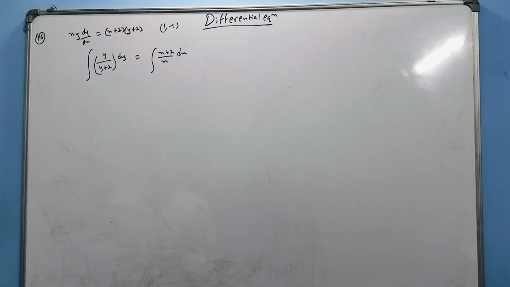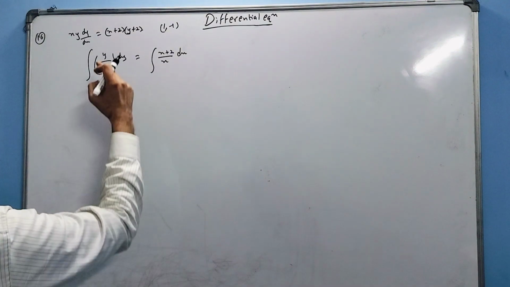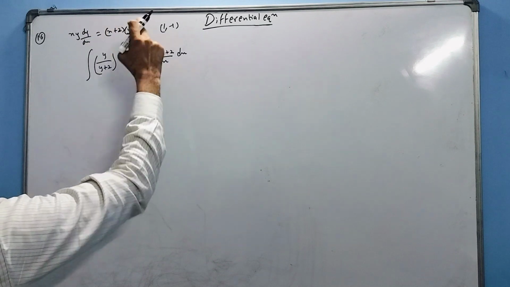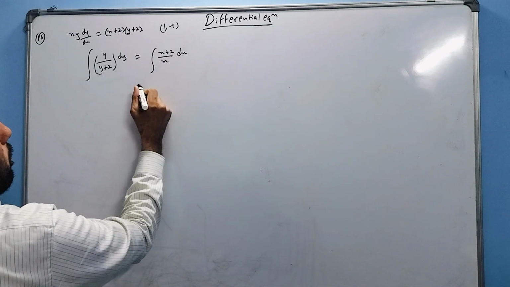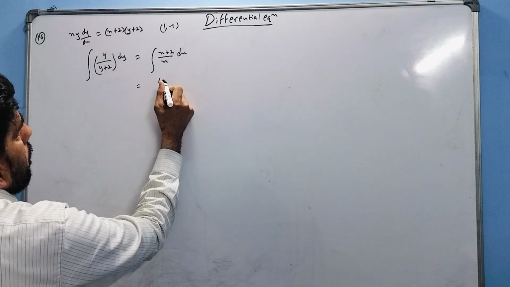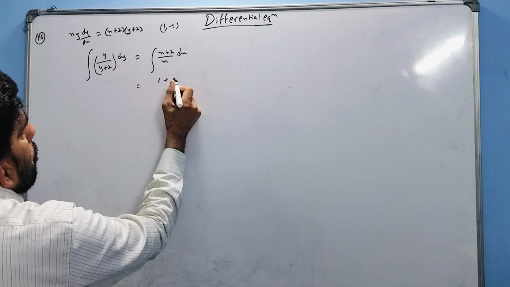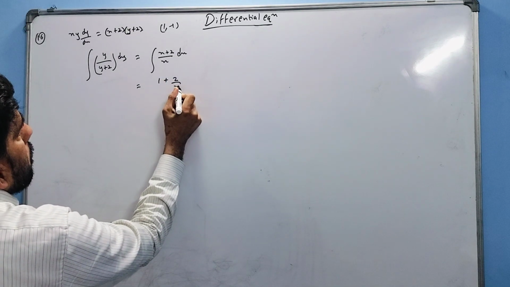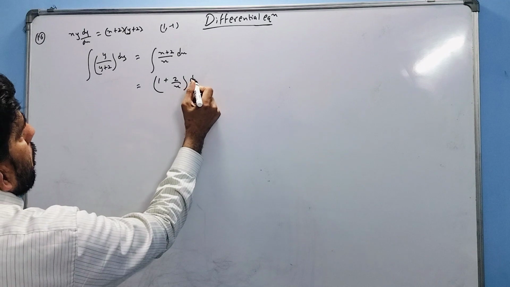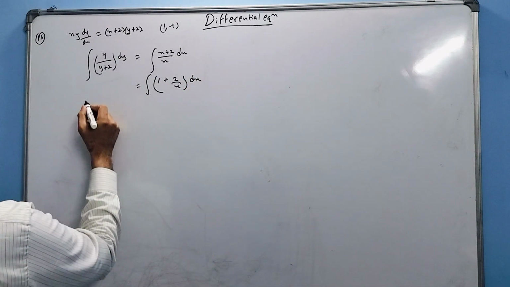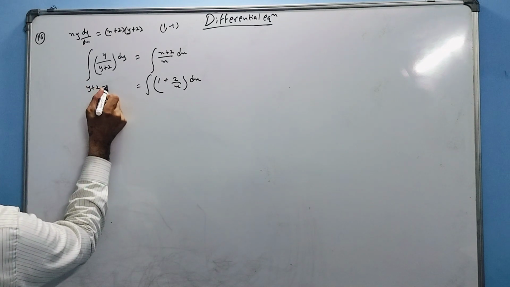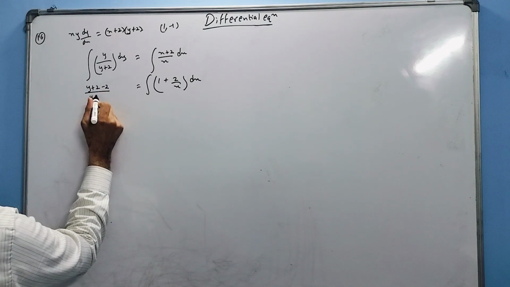We have y upon y plus 2, okay, and we'll take this here dx. So now let us see how we can solve such kind of questions. Now how to integrate here, easily, x upon x will be 1 plus 2 upon x, like we can integrate here. But now what to do here is we can solve like this, 1 plus 2 dy.